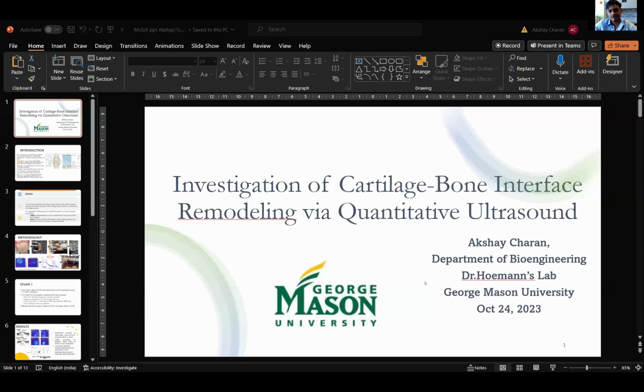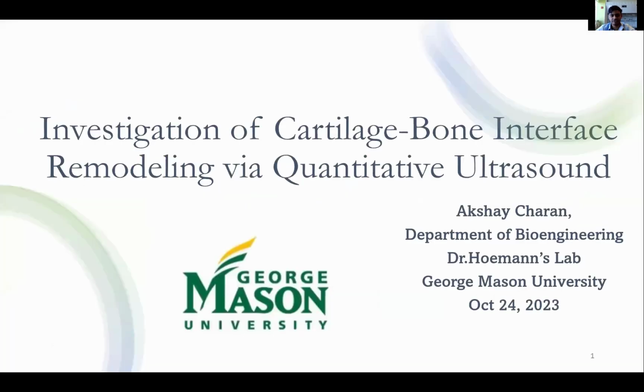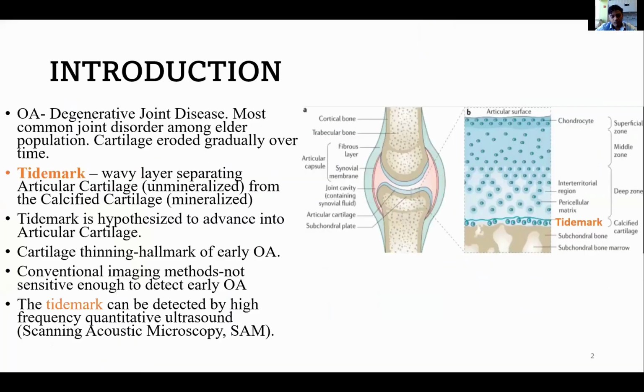So before we start, I would like to give some background or introduction about the problem. First we talk about OA, osteoarthritis. Osteoarthritis is the most common joint disorder among older population, and is considered a degenerative joint disease where the cartilage tissue is eroded gradually over time.